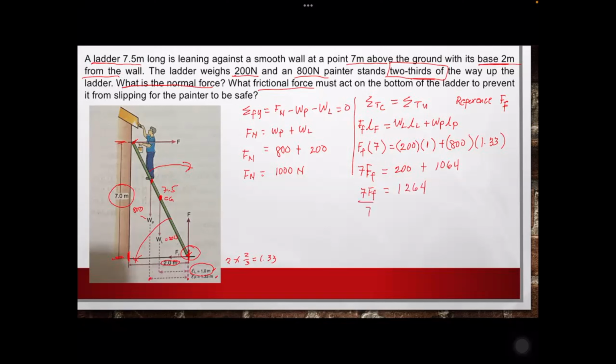Then divide natin by 7. So yung F sub F or the frictional force is equal to 180.57 Newton. So yun. Why it's 180.57 Newton? That will i-divide natin 1,264 divided by 7.